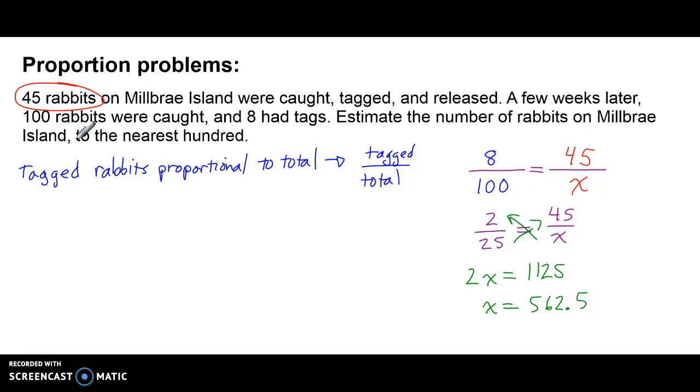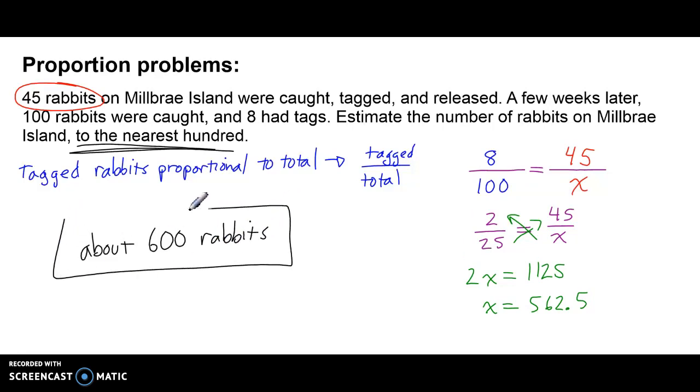That's why the question says to the nearest 100. So if you say that there's a grand total of about 600 rabbits, because that answer is closer to 600 than it is to 500, that's a pretty good estimate for the population of rabbits on the island. It's not perfect, but it's pretty good.